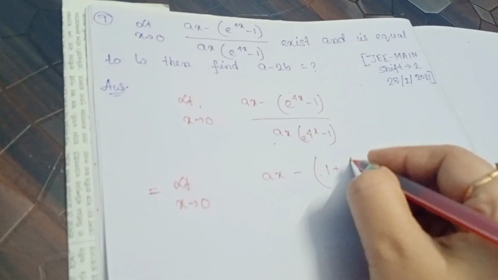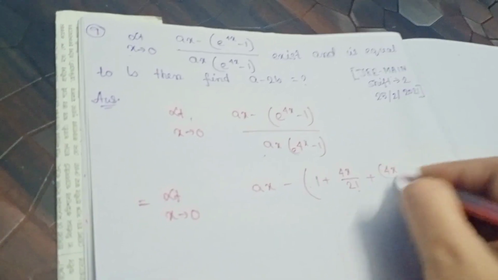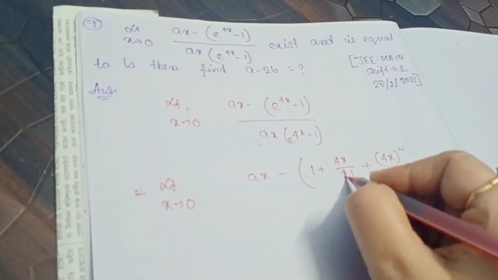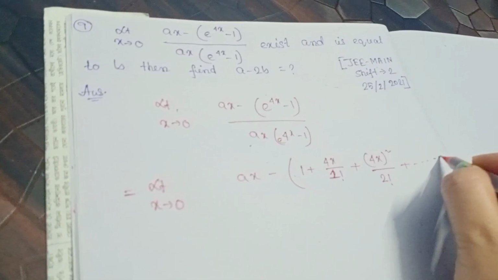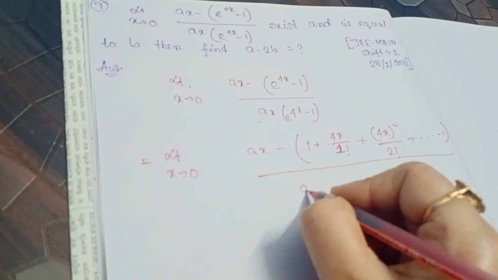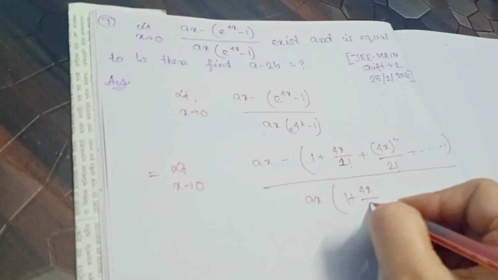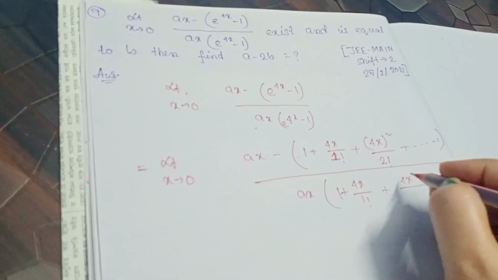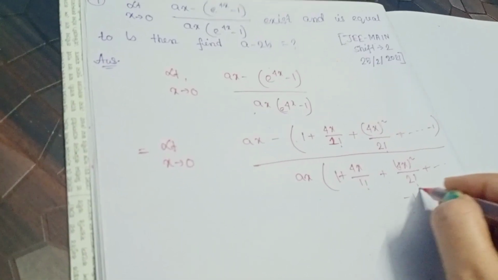So here we get 1 plus 4x by factorial 1 plus (4x) whole square by factorial 2 plus dot dot dot, minus 1. And the denominator is ax into 1 plus 4x by factorial 1 plus (4x) whole square divided by factorial 2 plus dot dot dot, minus 1.